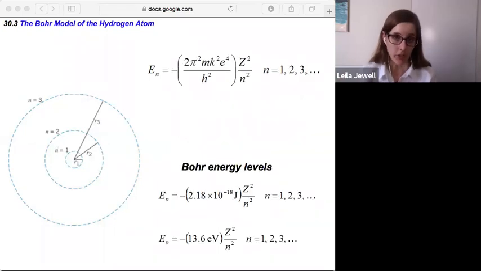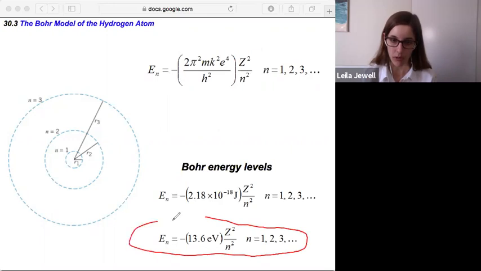Now, even better than the radius, once we know that radius equation, we can get the energy levels. So the energy levels of each of these different radii is given by, again, this giant constant in front with a negative times Z squared divided by n squared. The giant constant in front can be calculated in terms of joules. It's 2.18 times 10 to the negative 18 joules. More frequently than not, though, even though I love joules, at the atomic scale we more often work in terms of electron volts.